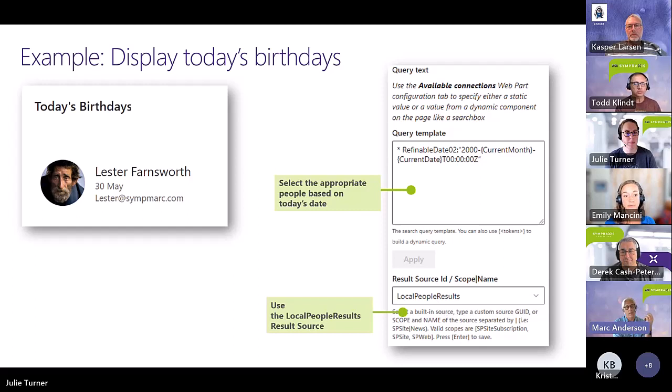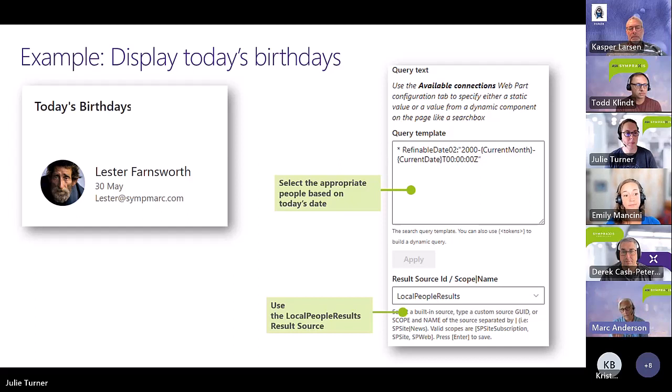We've mapped the people SPS birthday crawled property to that managed property. Then we can filter for dates that are today, this month and this day, and display the results in a PnP Modern Search results web part. Just the search results web part. Don't need a search box, don't need a refiner, don't need anything else.